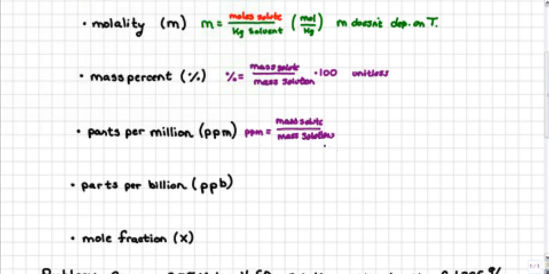Instead of multiplying by 100, we multiply by 1 million, which is the same as 10 to the 6th. We call this parts per million, and it's used when the solute is present in very small amounts, when concentrations are low.